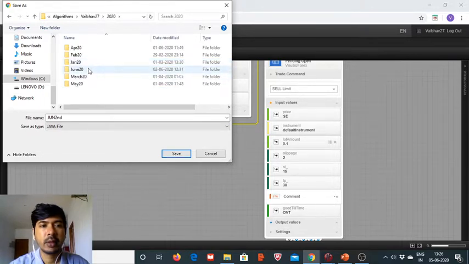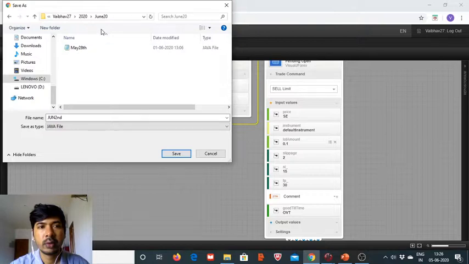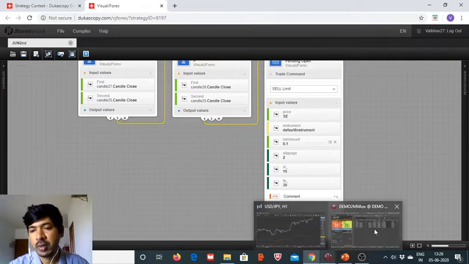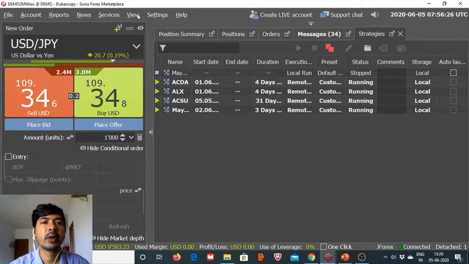And the month is June, and here we will save this file June 2nd, and we import the same file in the Visual JForex platform.